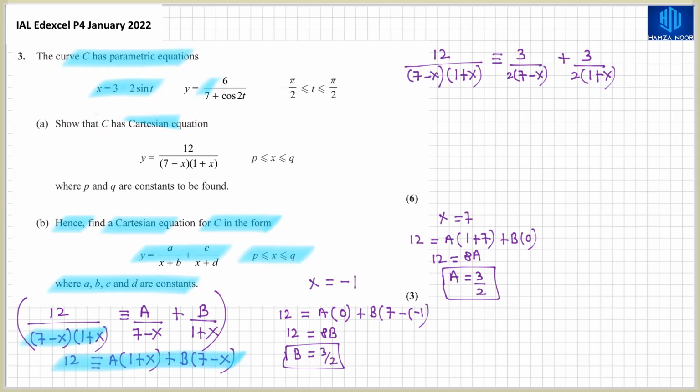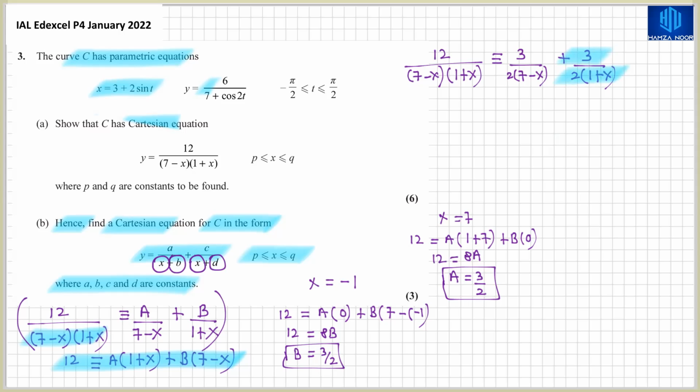But as we can see, in the requirement the denominators have a positive coefficient of x, and the term in x is written first, and then we have the constant term like b and d. So we need to express our answer exactly in this form. There is no issue in 3 over 2(1 + x), as in place of 1 + x, I can simply write x + 1.